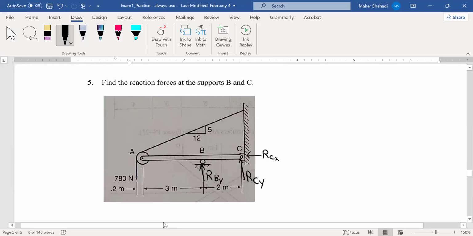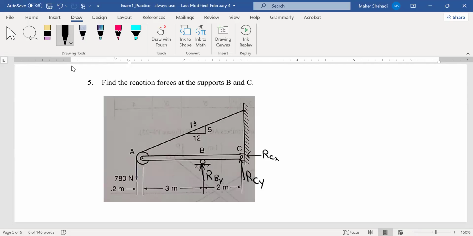And then we have this cable, which is inclined 5, 12, 13. It's holding that to this point. However, I'm going to consider this whole bar here.